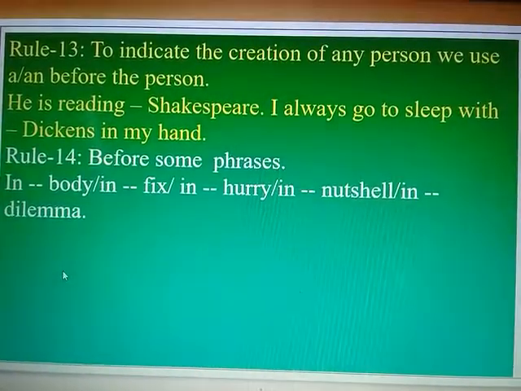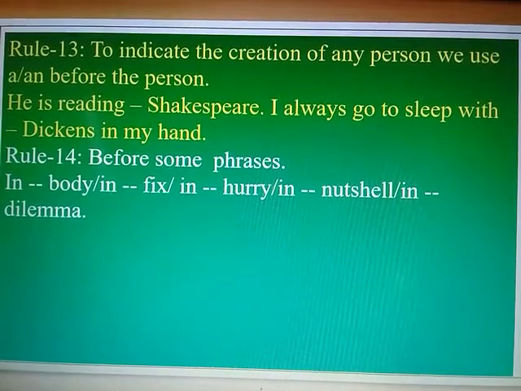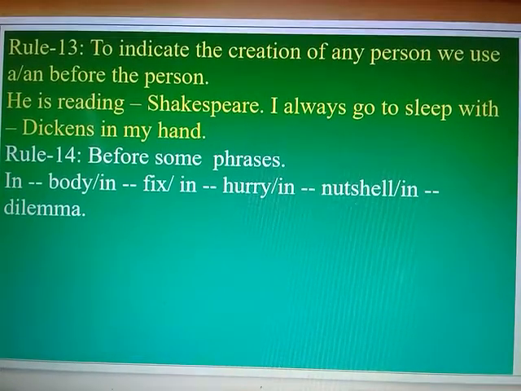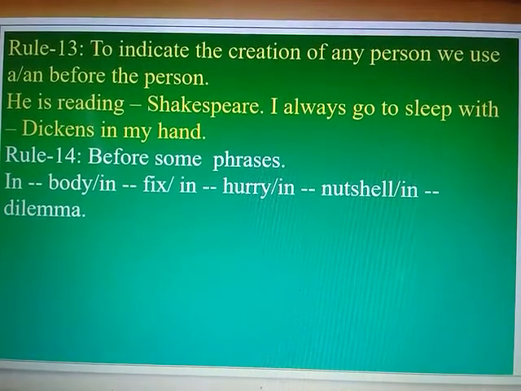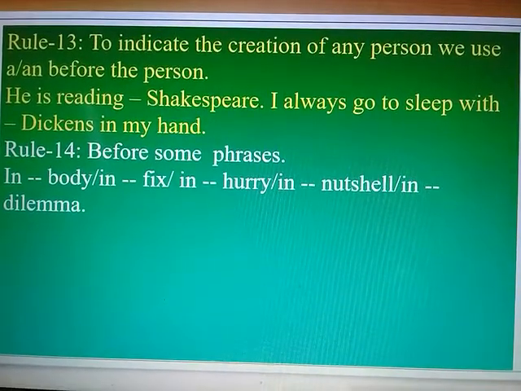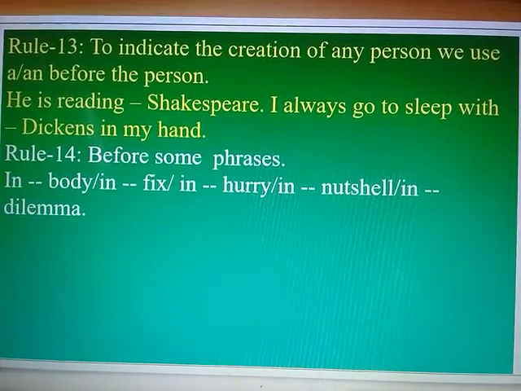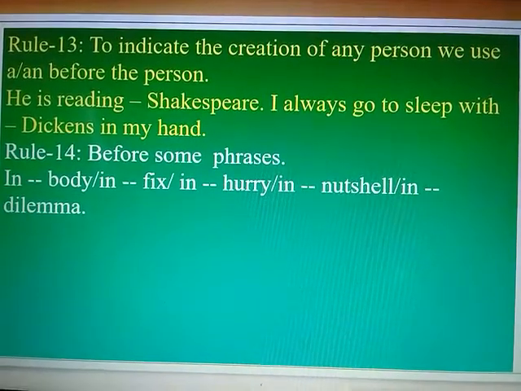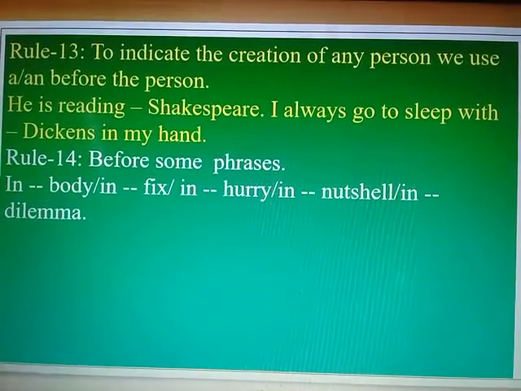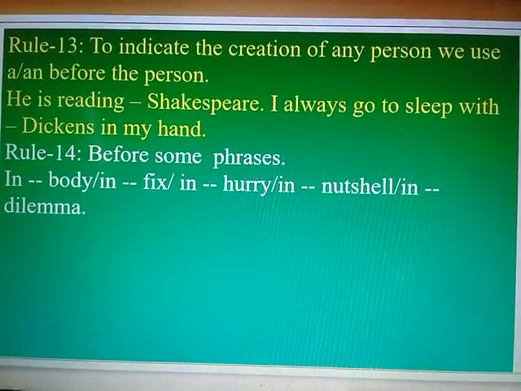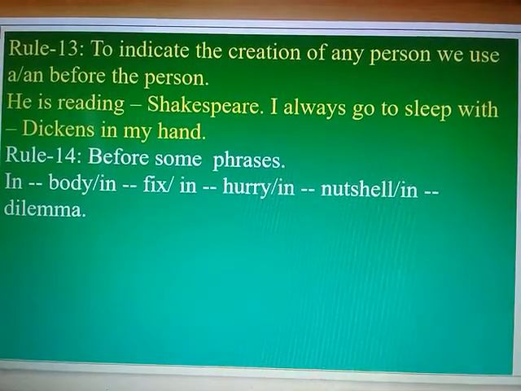Next rule, rule number 14. Before some phrases, we use a or an. In these phrases, we use a or an as a part of the phrase, and it does not follow any rules.